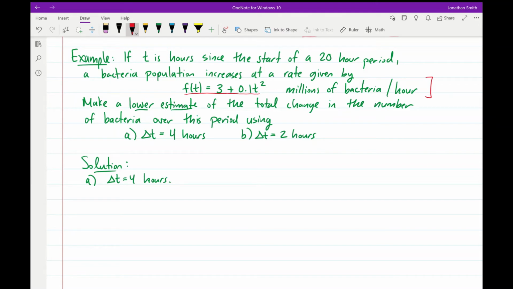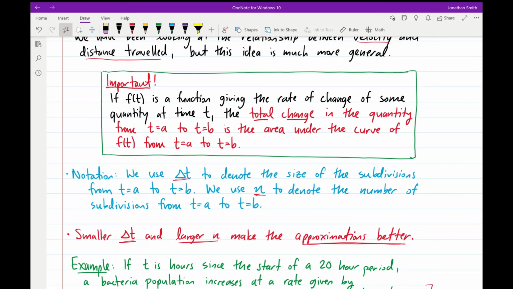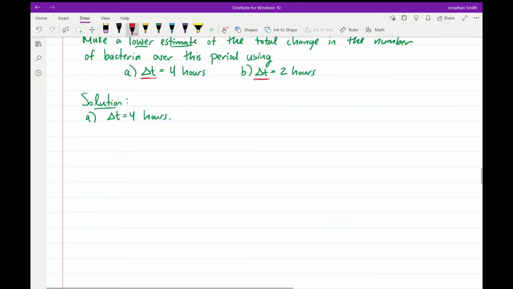So we want to make a lower estimate of the total change in the number of bacteria over this period using a delta t of 4 hours and then a delta t of 2 hours. So we're going to do the problem 2 different times using a different value for delta t, and this is really all coming from this box up here. Okay, so let me do the example for you, and we'll see how it looks.